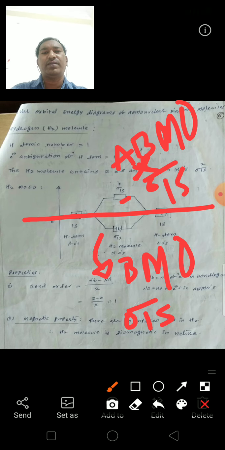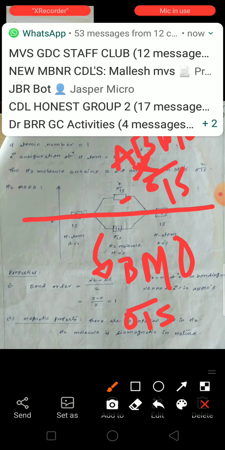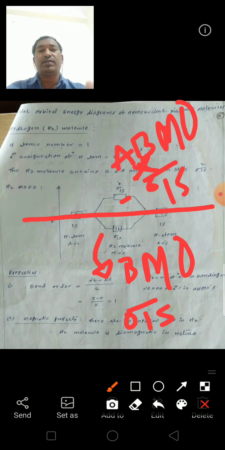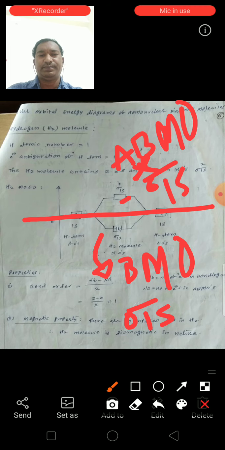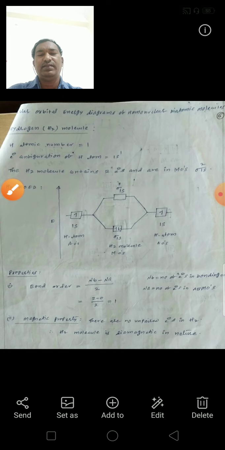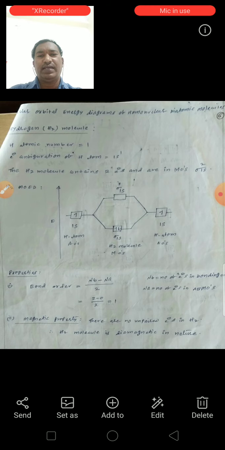So 2 atomic orbitals form 2 molecular orbitals. Half of the molecular orbitals are bonding molecular orbitals and the other half are anti-bonding molecular orbitals. This is the hydrogen molecule diagram.